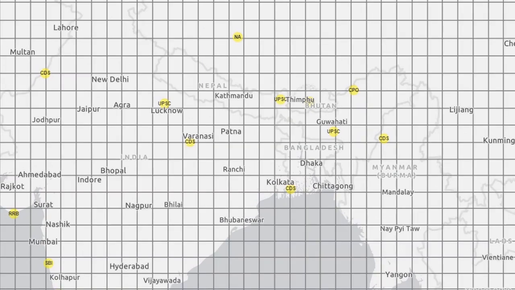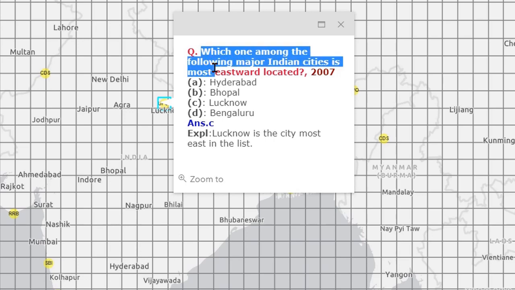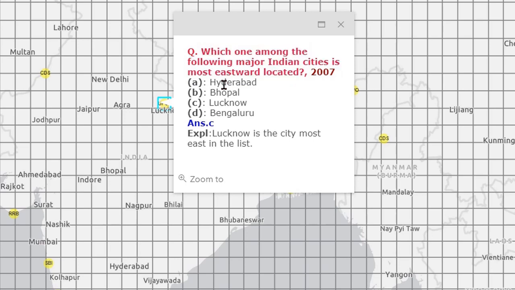There is another MCQ based on direction. Which one among the following major Indian cities is most eastward located? Hyderabad, Bhopal, Lucknow, Bangalore. The answer is C, that is Lucknow. You can see Hyderabad is west of Lucknow.